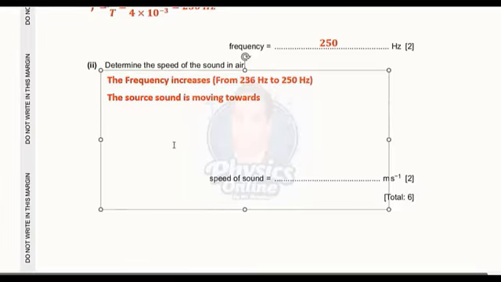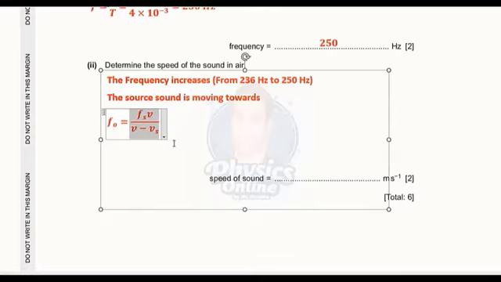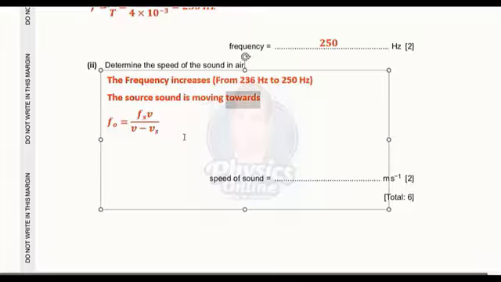So write the equation of the Doppler effect: fo equals fs v over v minus vs. Minus here because the source is moving towards the observer.